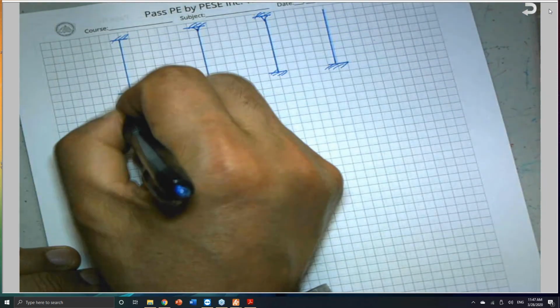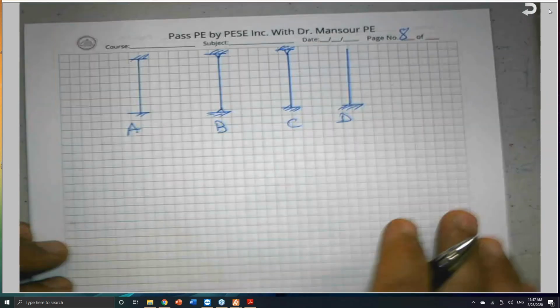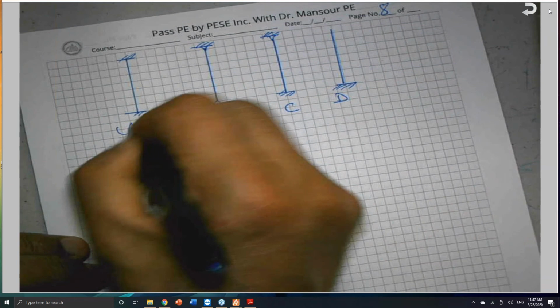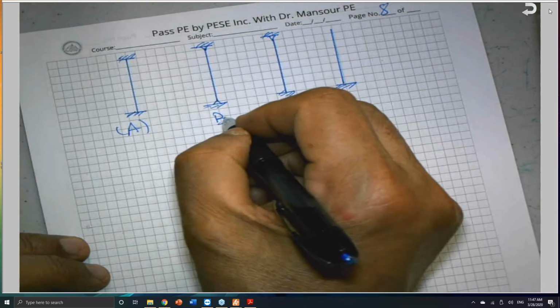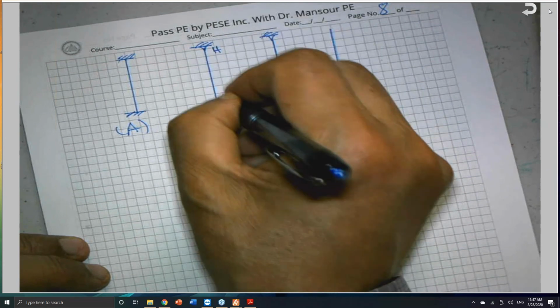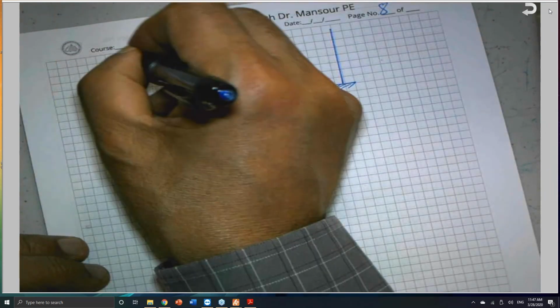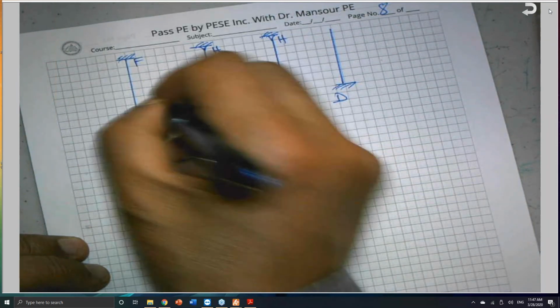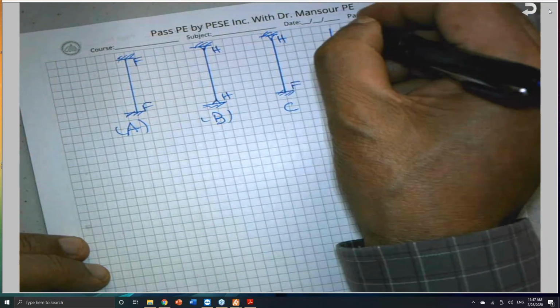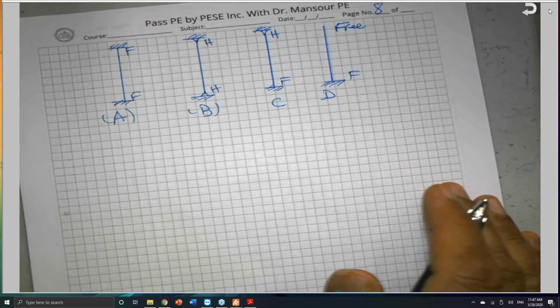Okay, four columns. Column A is fixed at both ends. Column B is hinge, hinge, or pin, HH. This one is HF. And this one is fixed at one end and free at the other, like a flagpole, for example.